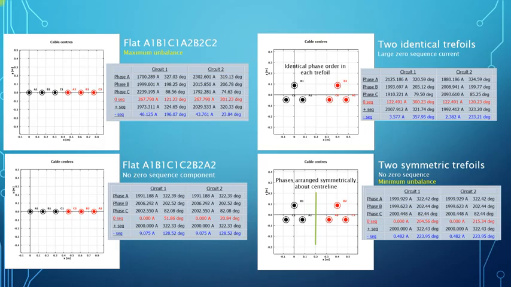So comparing these four arrangements, the maximum asymmetry occurs with this arrangement here, the flat arrangement ABC, ABC, and the minimum unbalance occurs with this trefoil arrangement here, with the circuits arranged symmetrically about the centre line.